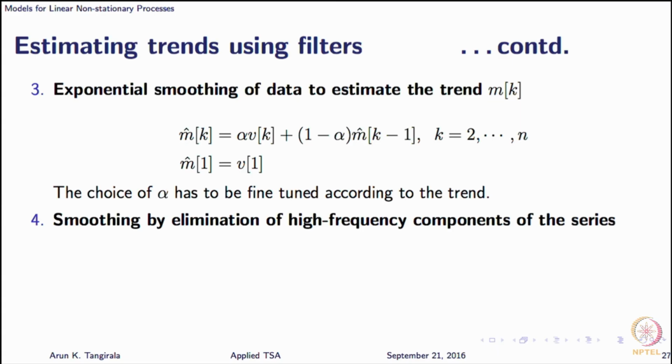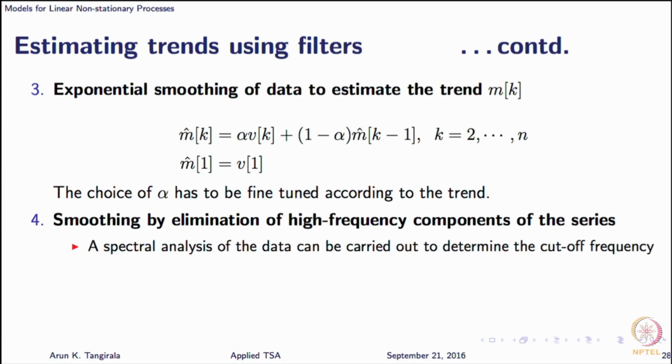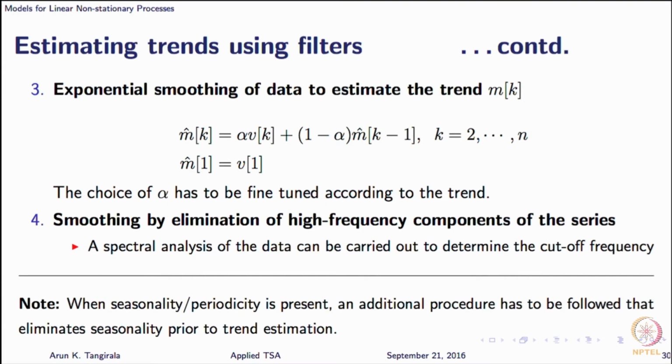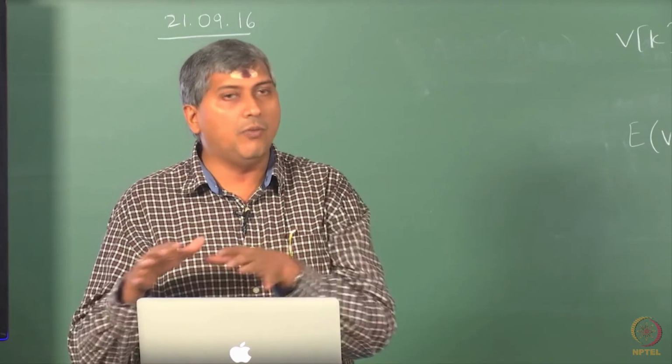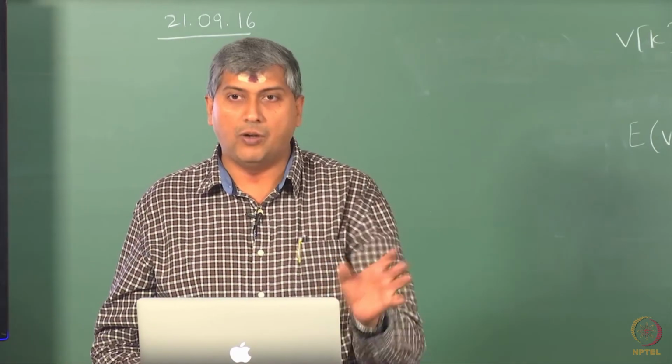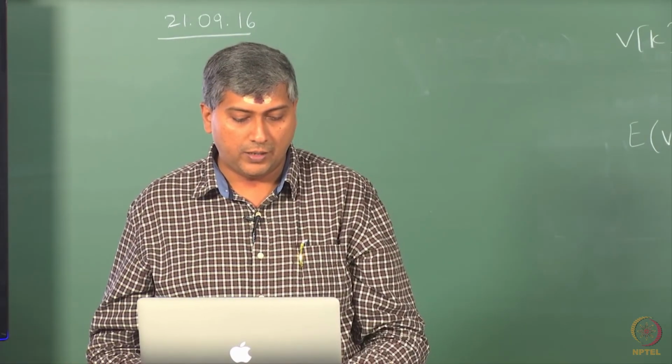Essentially it amounts to applying some filter, and there are so many filters available in the literature, and if you come up with your own filter you can name it after yourself also, that option still exists. But the bottom line is you want to carry out a spectral analysis of the data to be able to get a feel of whether there are periodicities, what kind of frequency components are present and so on, and that will be the subject of our lectures for quite some time.